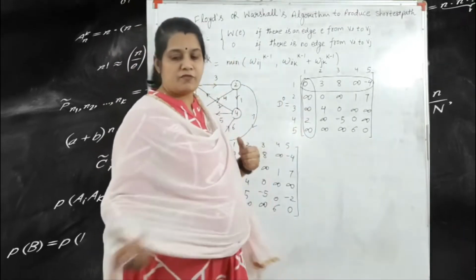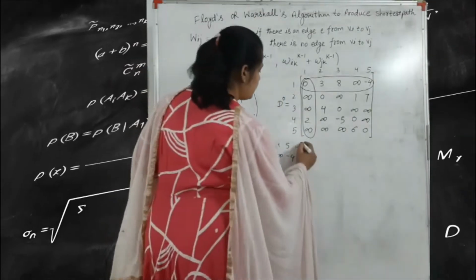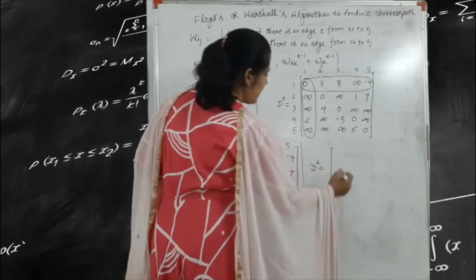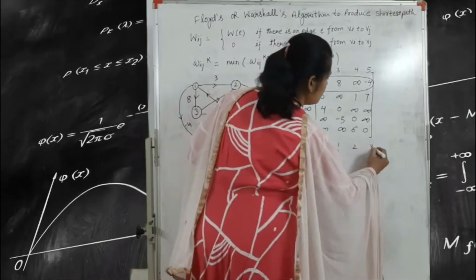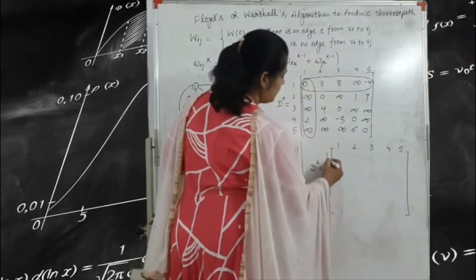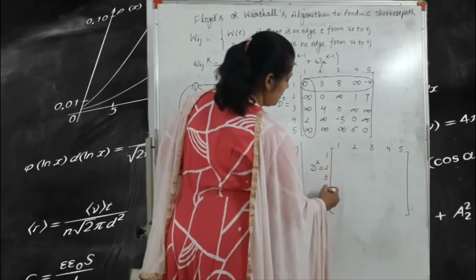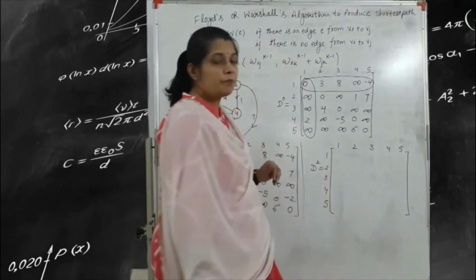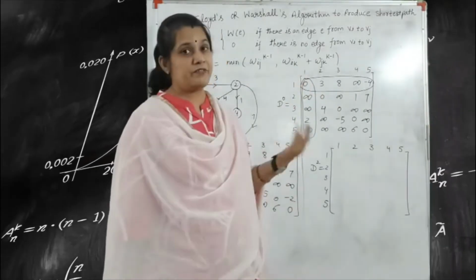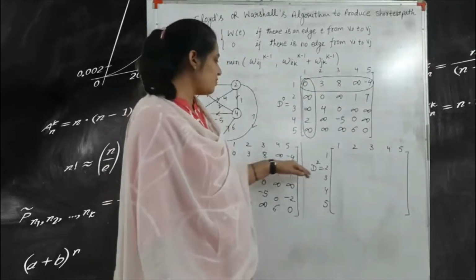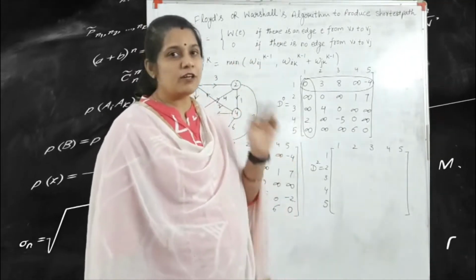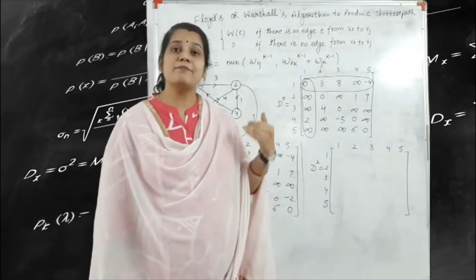Okay, so for finding D2 we write D2 is equal to, again we write 1, 2, 3, 4 and 5, and here we write 1, 2, 3, 4 and 5. For finding D1, we highlighted the first row and first column. Got it? So for finding D2, we highlight the second row and second column according to your previous matrix.